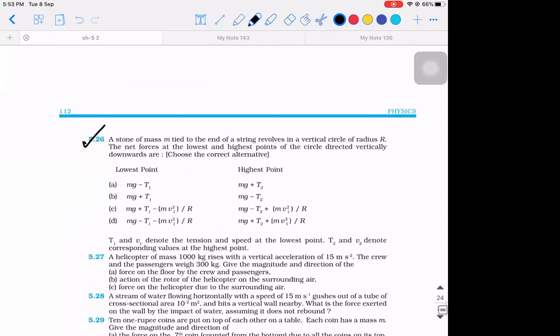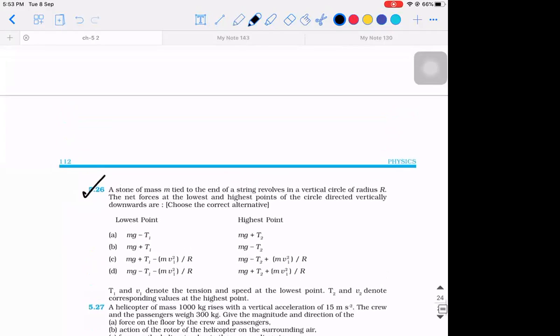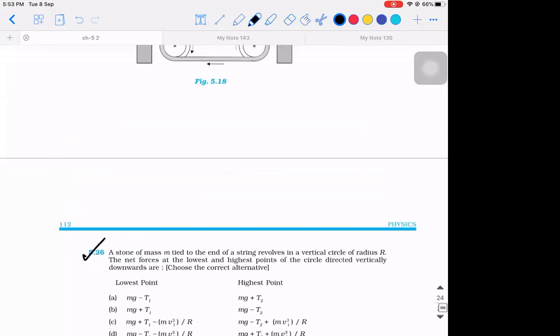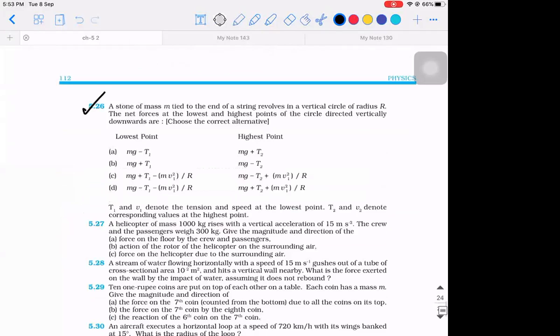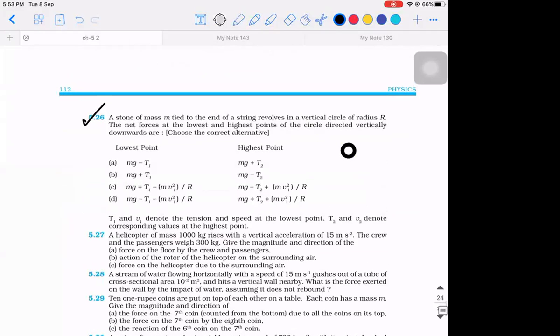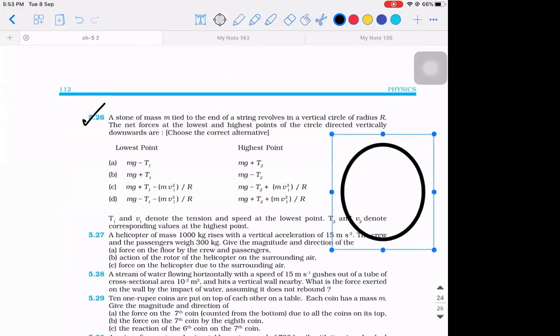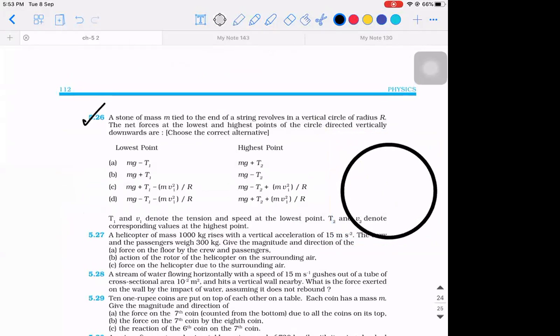So a stone is tied and revolves in a vertical circle. So this is a vertical circle. When it is revolving, there is going to be the center.